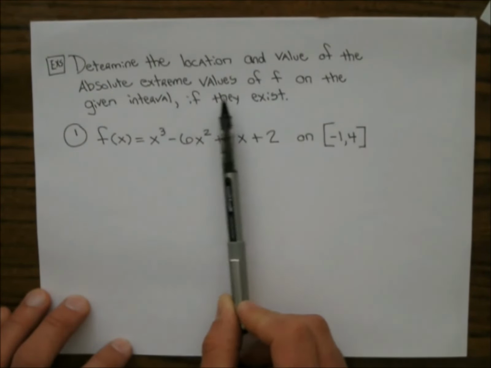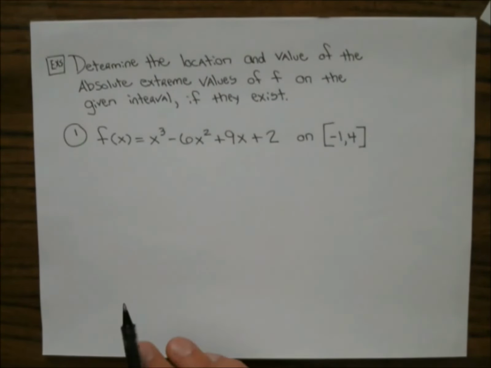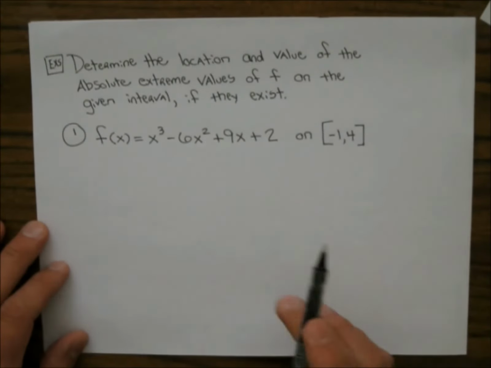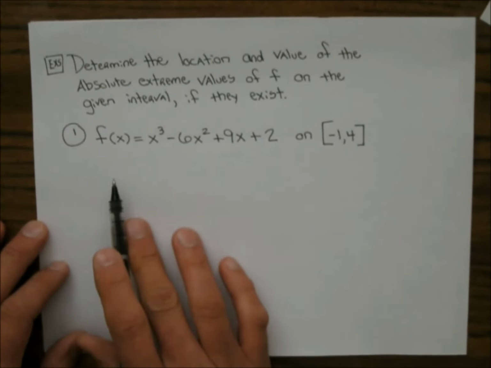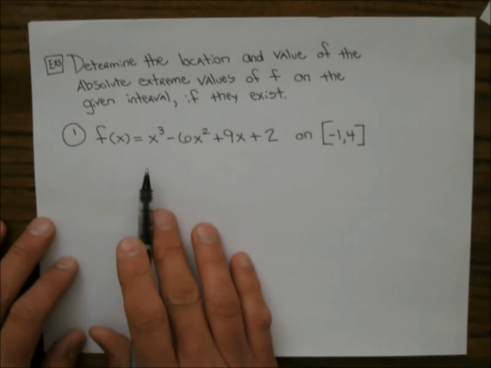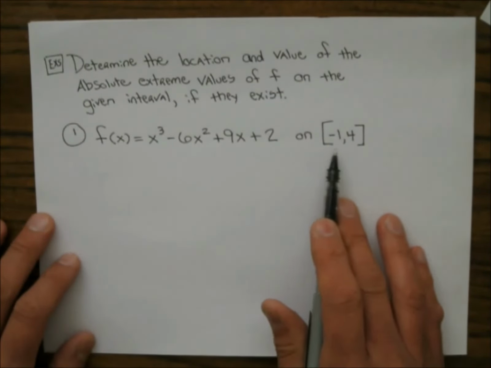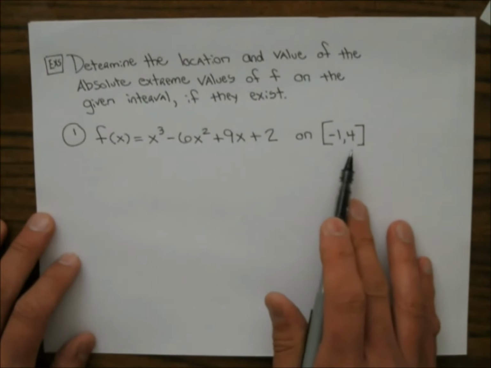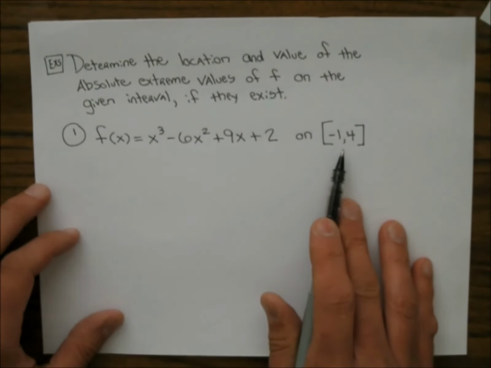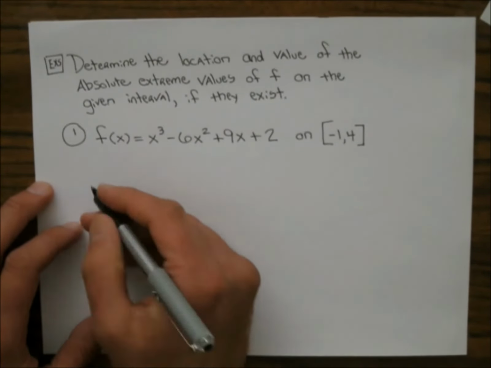But this is good enough. We'll see what we can do with this. There is a method, and you can look in your book, of finding the absolute min and the absolute max of a function that is continuous on a closed interval, and this function is continuous on that closed interval. And the method is find the critical numbers first. So that's what I'm going to do.